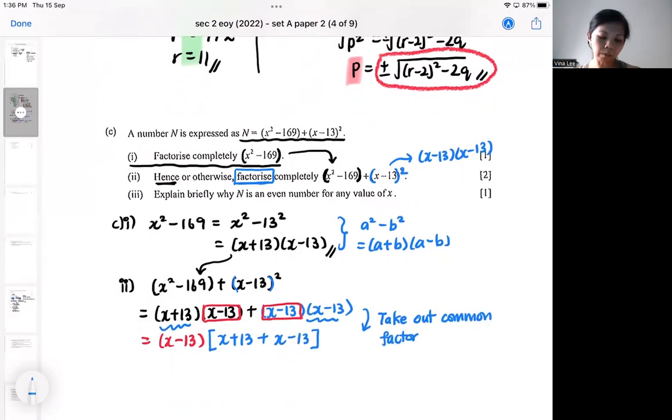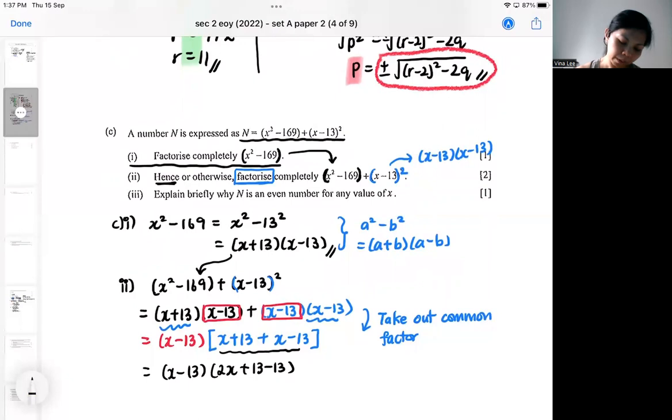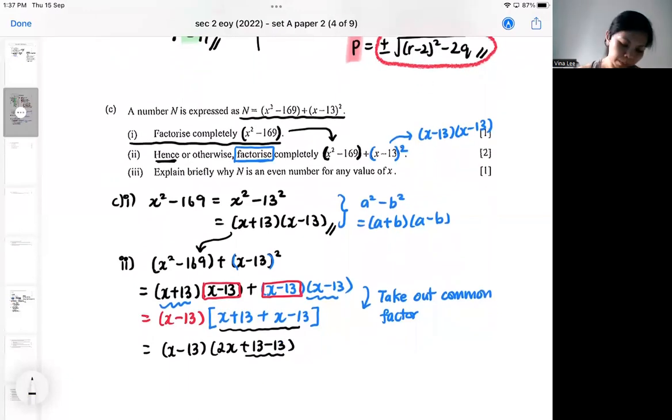So from line 2 to line 3, I take out the common factor. The next line, I should simplify. I simplify this part: x plus x, 13 minus 13. Do you realize 13 minus 13 is 0? So my second bracket is just left with 2x.